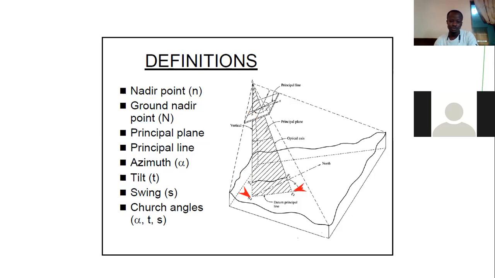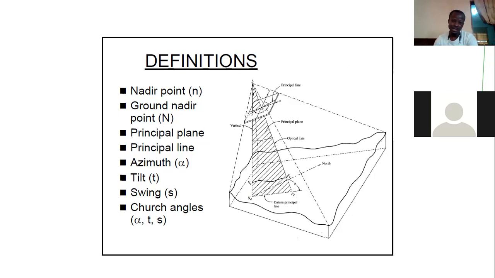All right, so principal plane, we know what it is. Optical axis, we know what it is. Principal line contains the nadir point and then the principal point. So when you draw a line between the nadir point and the center of the photograph, you will get the principal line.